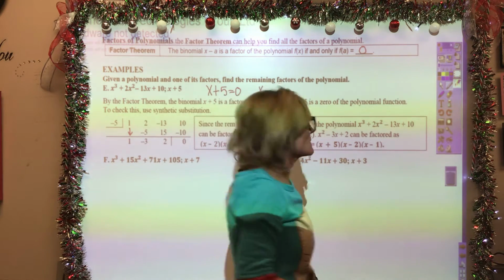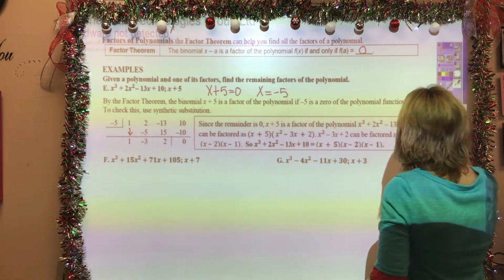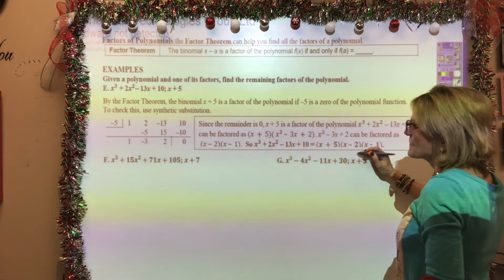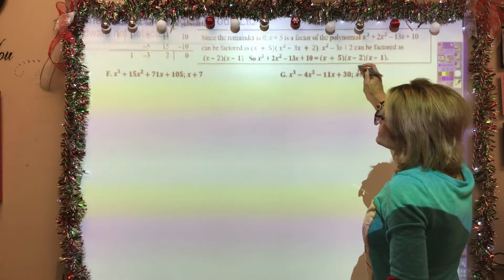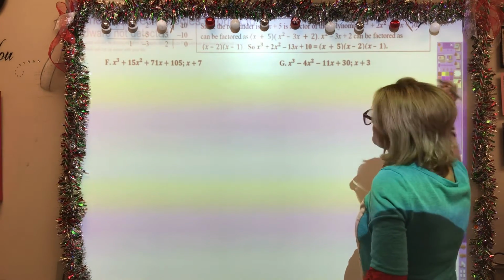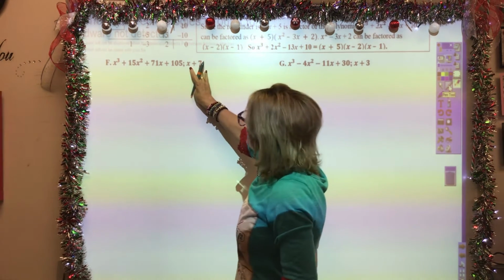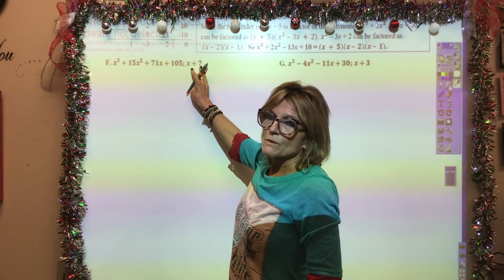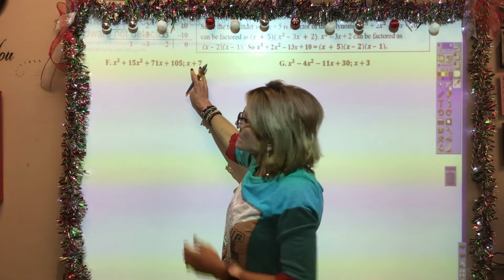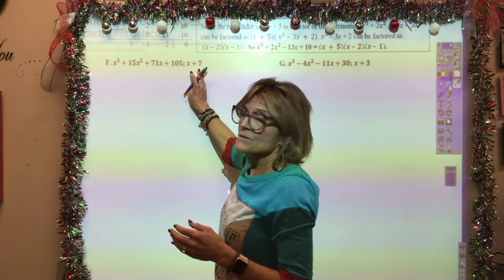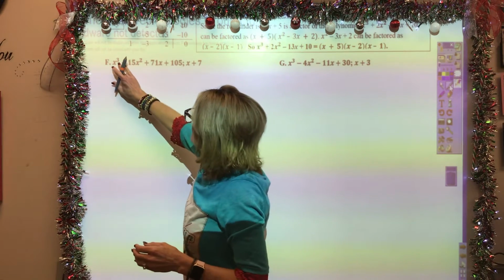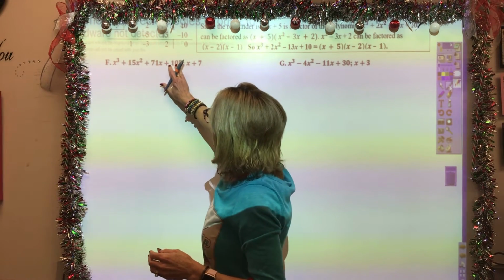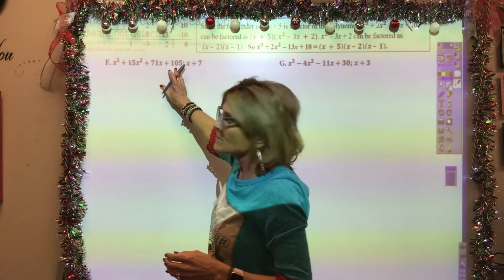So let's give a few a shot here. One of our factors is given. It is x plus 7. Therefore, we're going to use a negative 7 when we use synthetic division. We check and we make sure our powers go in descending order. 3, 2, 1, 0. So we're good there.